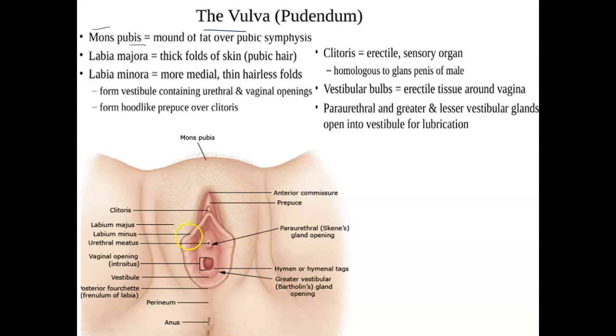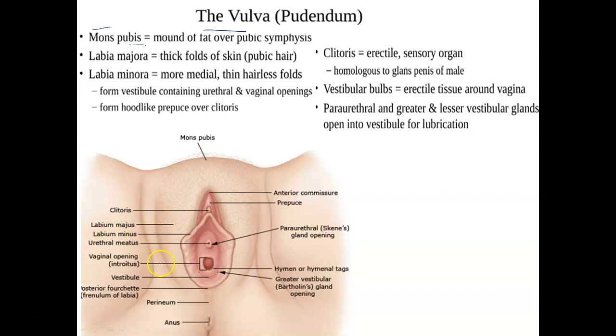Then the labia minora, and the labia minora has the most sensitive structure, which is the clitoris. This clitoris is homologous to the glans penis, which is the anterior tip in the male reproductive system.